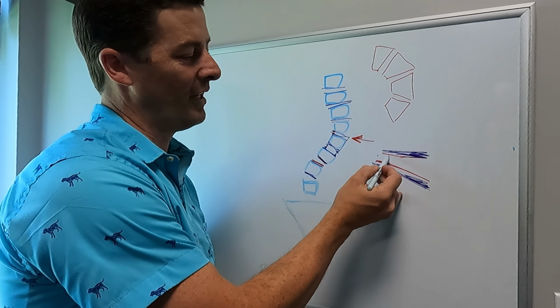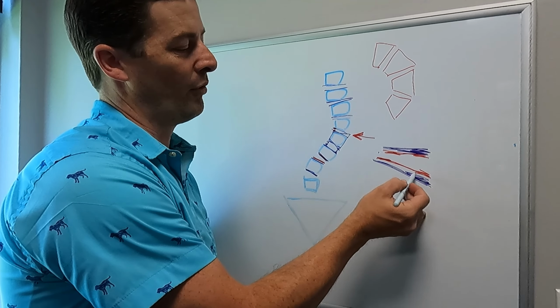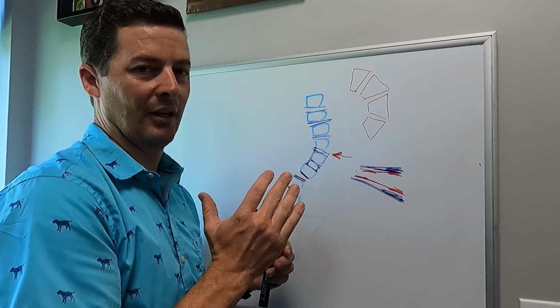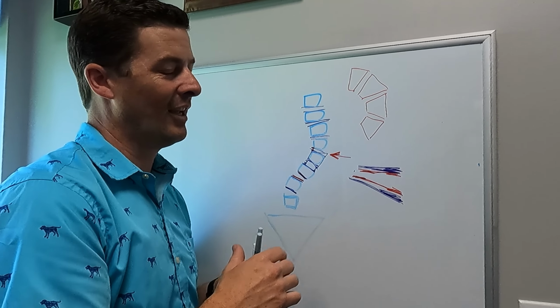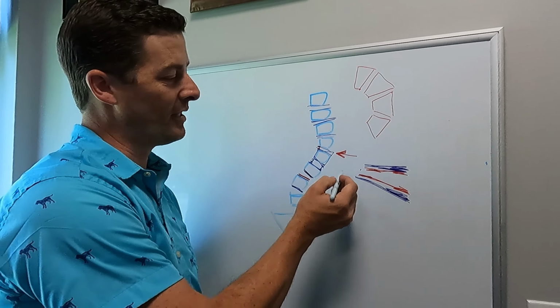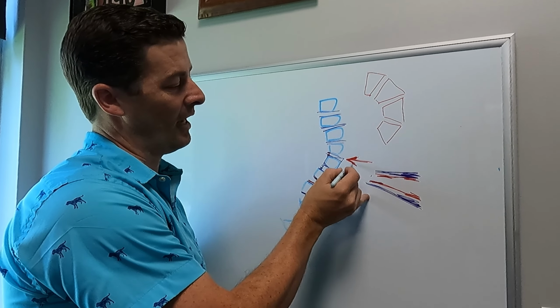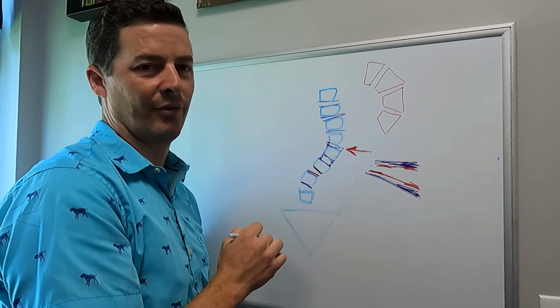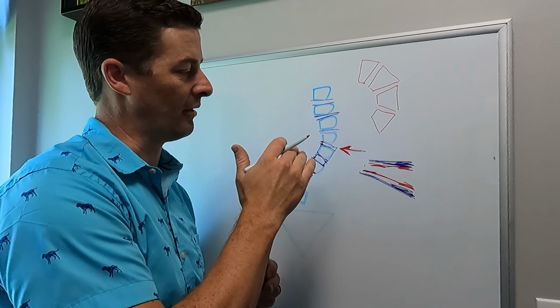So we're going to get more even growth on both sides of the end plate, and that helps to even up the scoliosis curve. It helps it to not progress, and sometimes we can see it reduce as we do that. So bracing is pushing in on this side, trying to open up that compressed side of the vertebral end plates, allowing it to grow better.